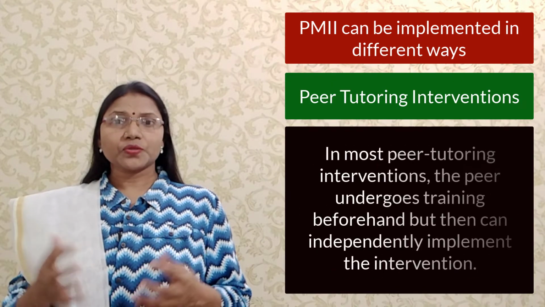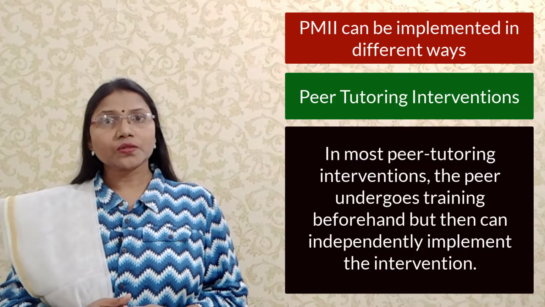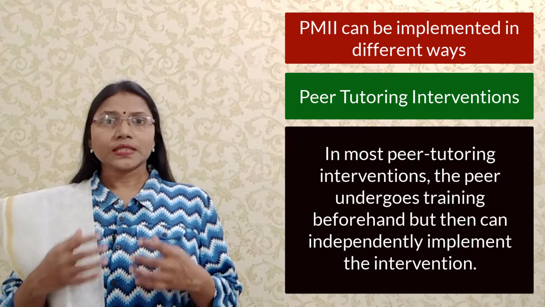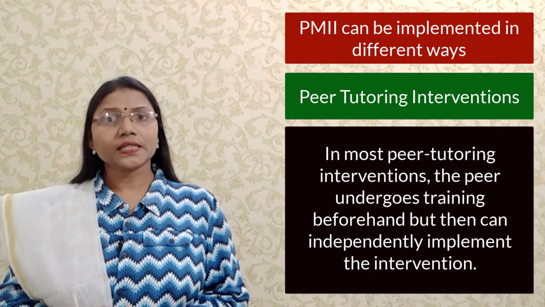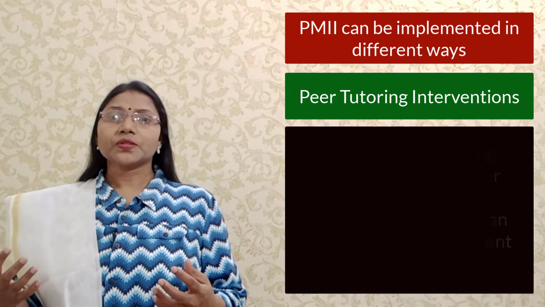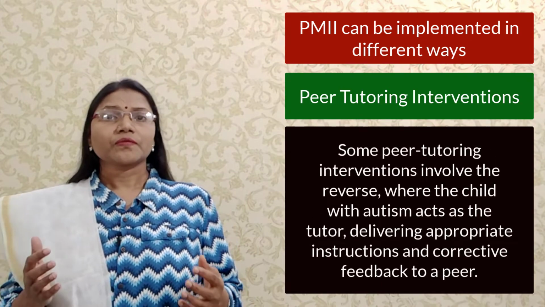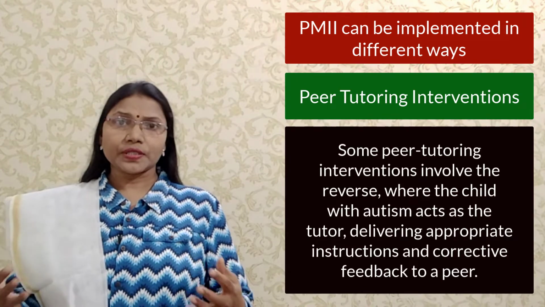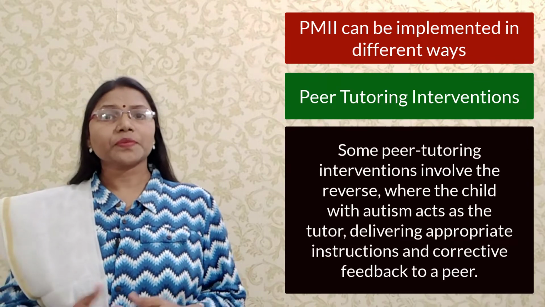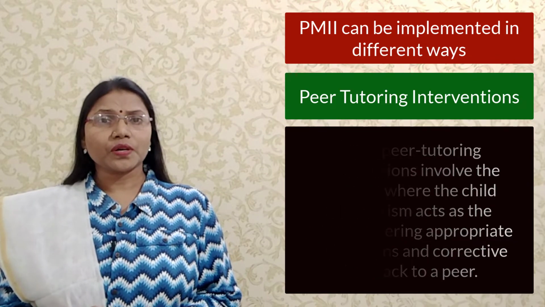In most peer tutoring interventions, the peer undergoes training beforehand but then can independently implement the intervention. Some peer tutoring interventions involve the reverse, where the child with autism acts as the tutor, delivering appropriate instructions and corrective feedback to a peer.